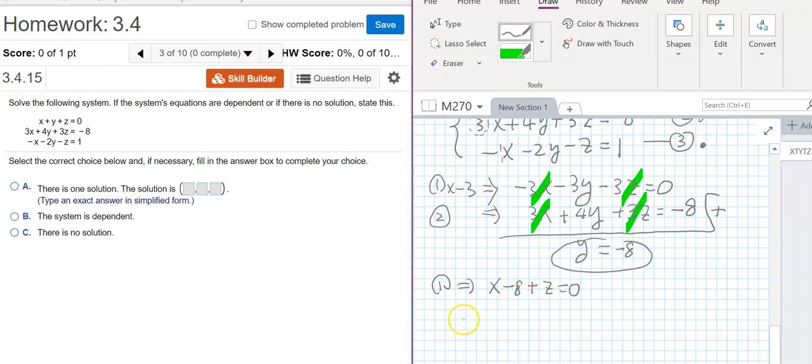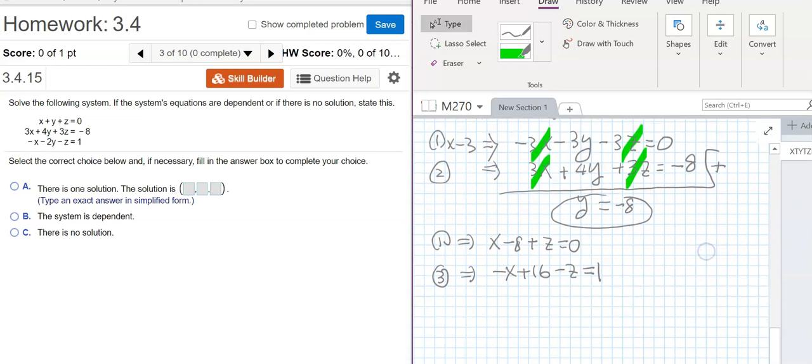And equation number 3: negative x plus 16, because negative 2 times negative 8 is 16, minus z equals 1.